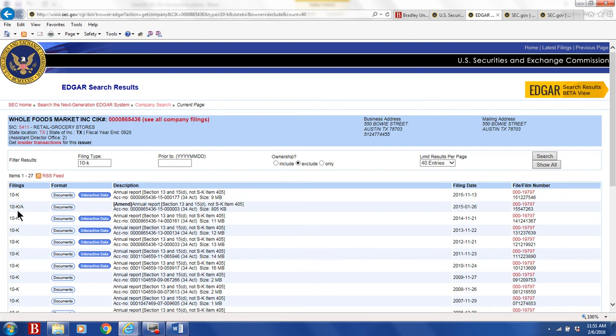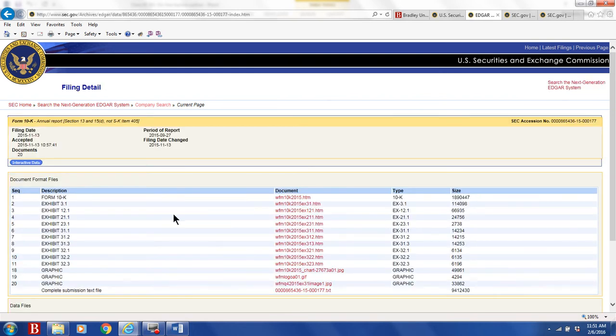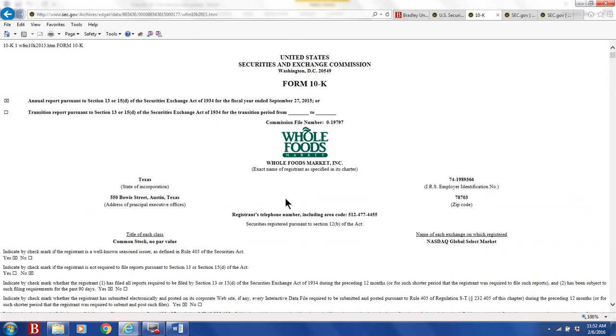This 10K/A means that there was an amendment filed to a 10K, so they changed or updated some information. You click on the Documents tab, it takes you to the 10K electronic table of contents, and when you click on the first link up here, the Form 10K, it takes you to the actual document.